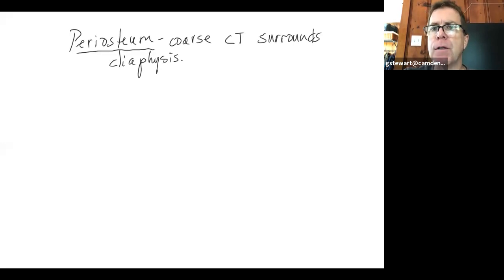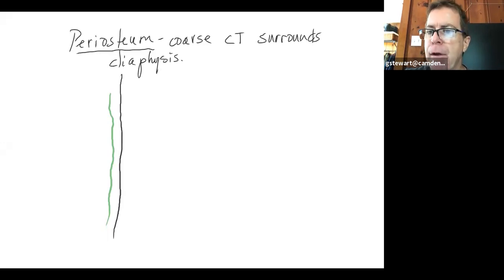I'll use the same colors. If this is periosteum, just magnifying what we looked at on our last screen, and here is the actual diaphysis of the bone. The periosteum, there are tiny connected collagen needles, collagen spikes that penetrate the bone surface that hold that periosteum tightly to the bone.